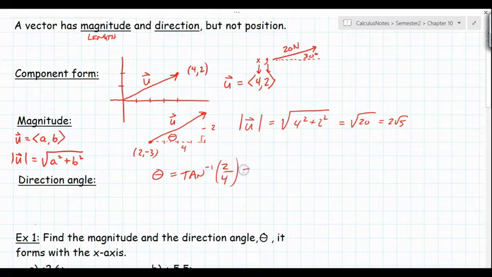If I work that out on the calculator, inverse tangent of 2 over 4 is 26.565 degrees, or if you had it in radian mode, that is about 0.4636 radians.